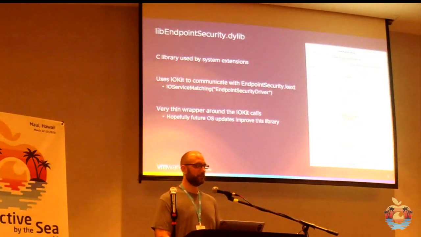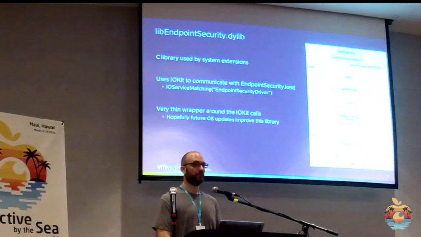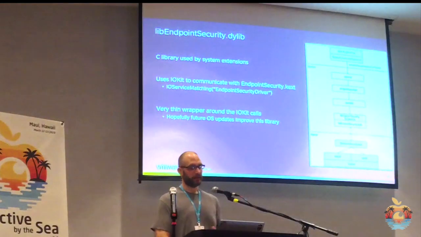And this is what's actually using the IOKit user space calls to communicate with the kernel driver. If you've ever done anything with IOKit, or looked at malicious applications that are trying to get platform serial numbers or things like that, you'll see IO service matching calls. They're trying to connect to the driver and then call those methods that we just looked at.